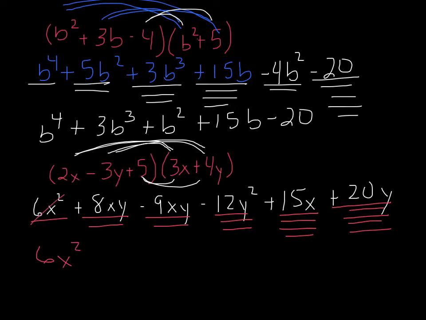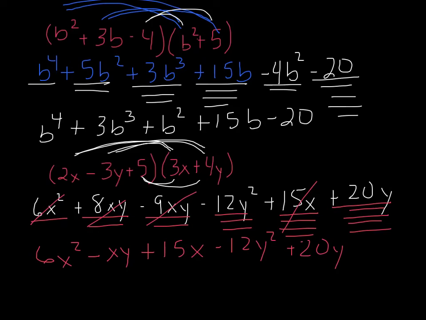And that's done. 8xy and negative 9xy will give you negative xy. Those two are done. Let's go to our x. We got plus 15x. Then we got negative 12y squared and plus 20y. Okay, so we're in order and we're good.